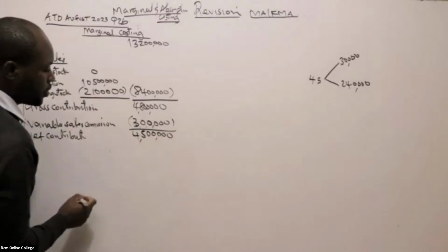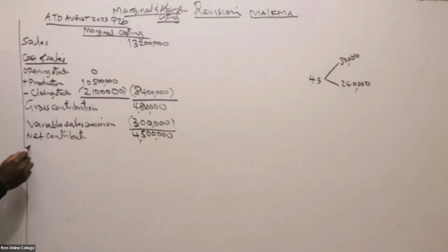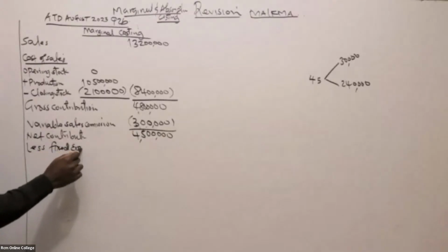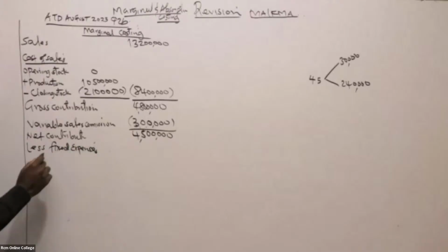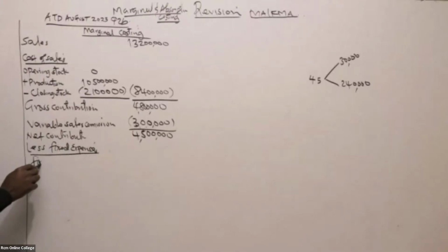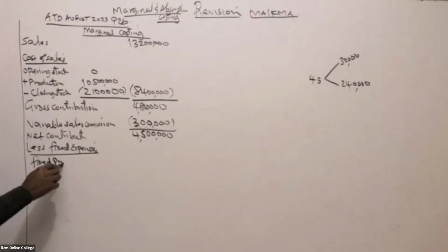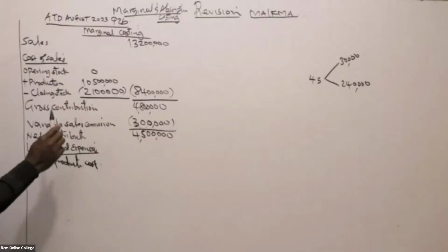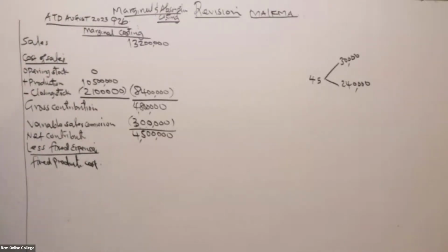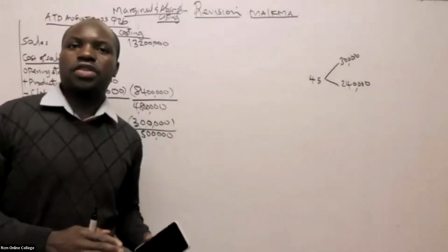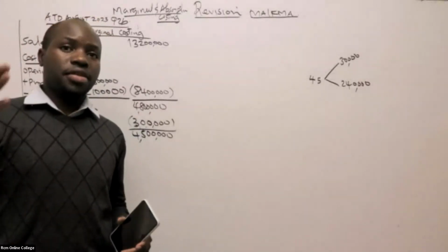4,500,000. Now from this, we can less all the fixed expenses. One of the fixed expenses is the fixed production costs. In the marginal costing system, the fixed production cost does not form part of the product cost, but it is expensed in the income statement.